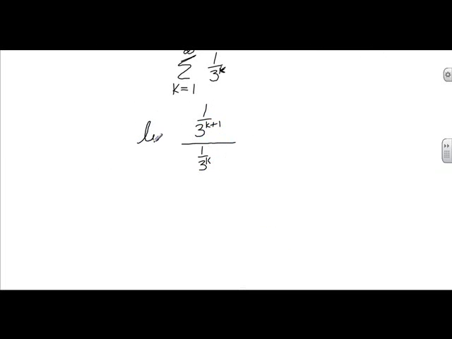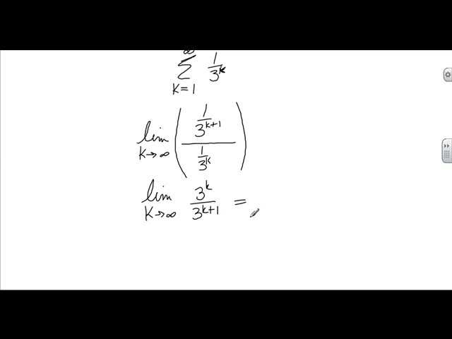I will confess to working this before I started making this recording, so I know this is the test for convergence that's going to work for me. Clean it up a little bit. You're looking at 3 to the k divided by 3 to the k plus 1. If you invert and multiply, you can reduce to 1/3, and the limit as k approaches infinity of 1/3 is 1/3.